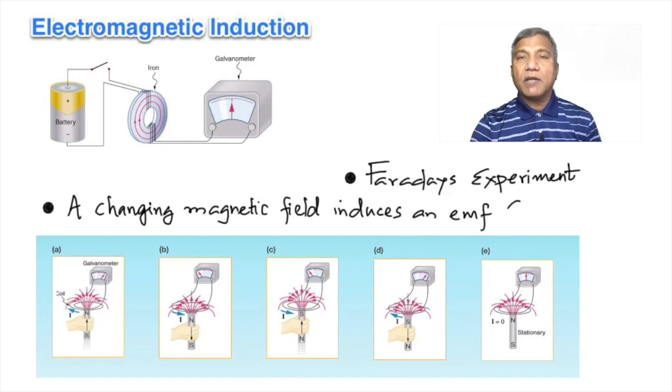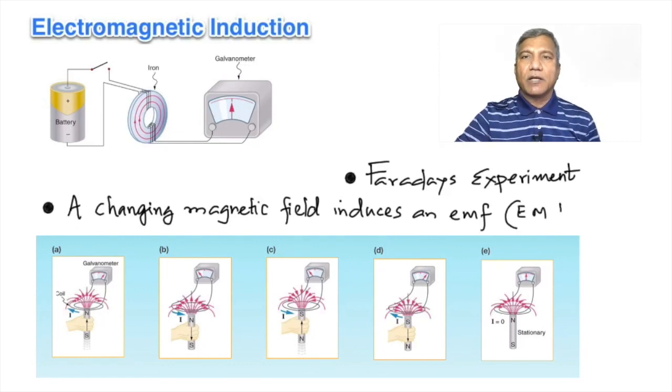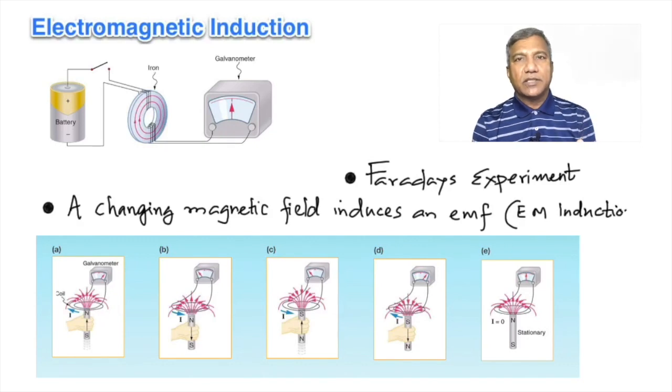But when the same magnet is taken away, again there is an induced current, but this time the deflection of the galvanometer is in the opposite direction, which means the induced current is opposite.